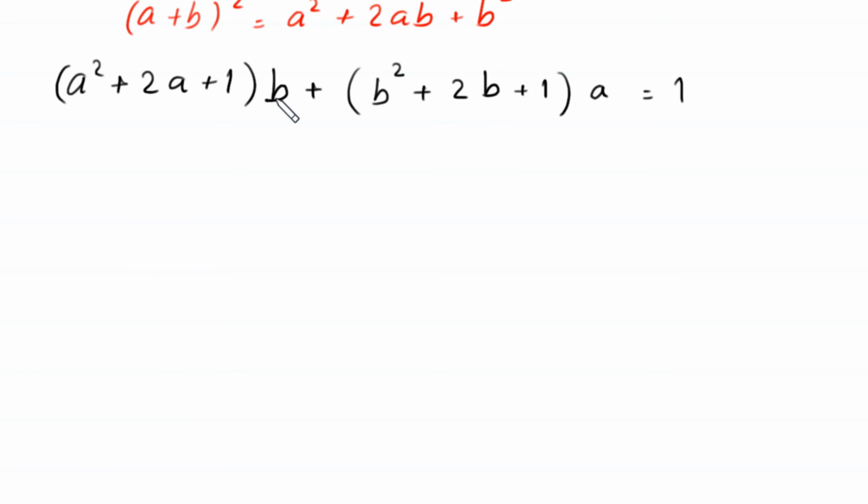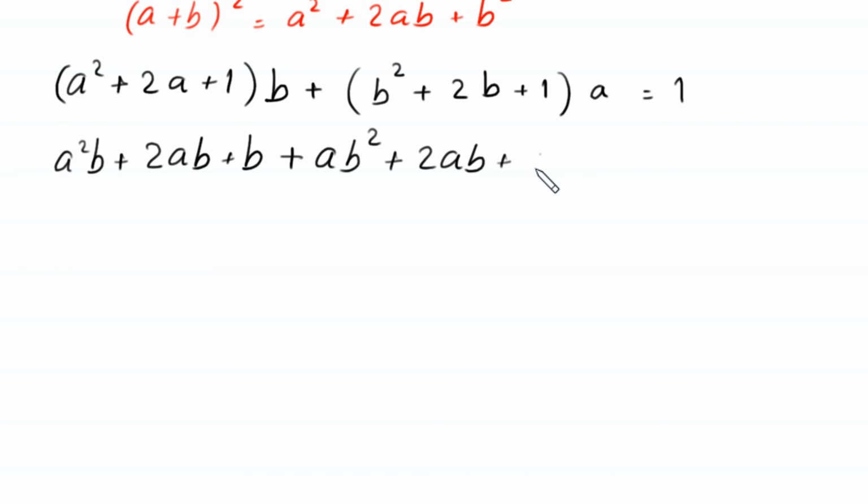Now we distribute this b, so this will become a squared b plus 2ab plus b, plus we distribute this a, this will become ab squared plus 2ab plus a, is equal to 1.